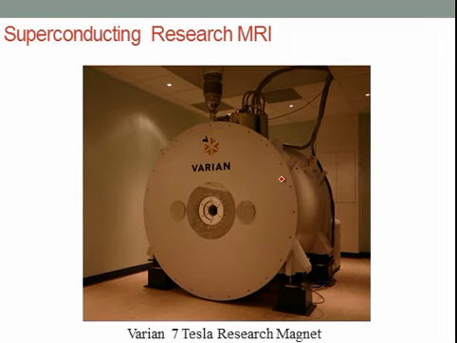Some other components of this magnet that are important are, I'm pointing to this thing here, this is called a quench pipe. Remember, inside the magnet there's liquid helium to keep it at superconducting temperatures.